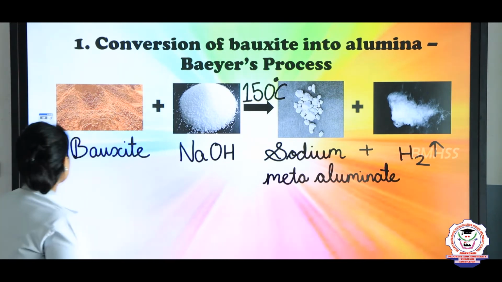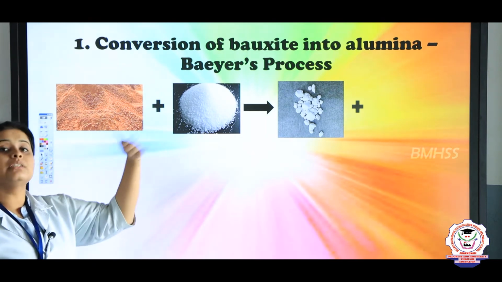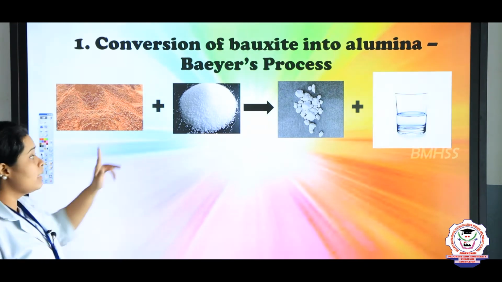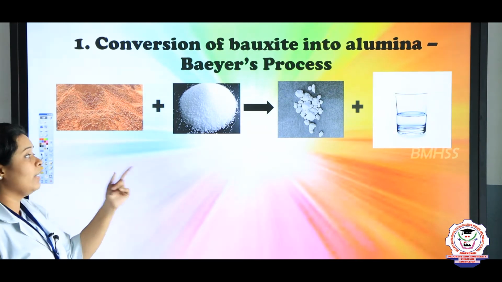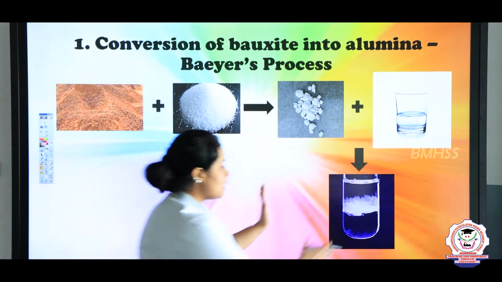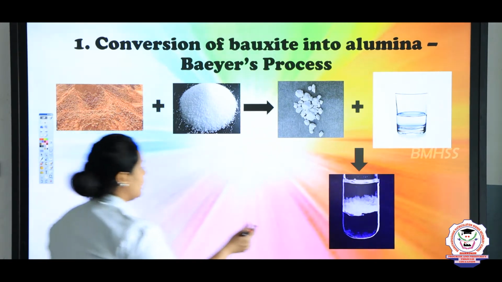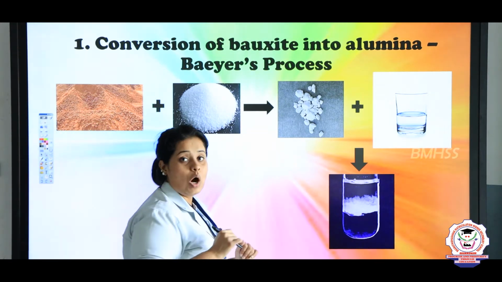After getting sodium meta-aluminate, you remove this gas, and in sodium meta-aluminate you add water. When you add water, you will see that some kind of precipitate is formed. This precipitate is the hydroxide of aluminium.